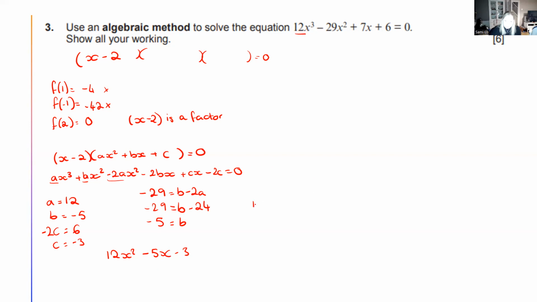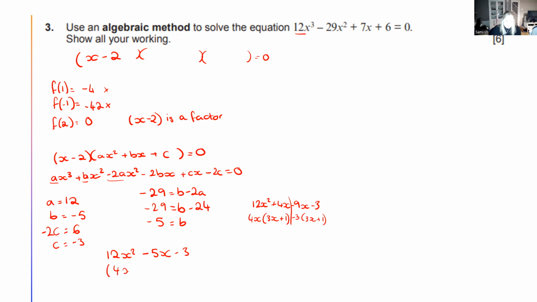But essentially, we're going to have 12x squared plus 4x, and then minus 9x minus 3, and that's 4x, 3x plus 1, minus 3, 3x plus 1.